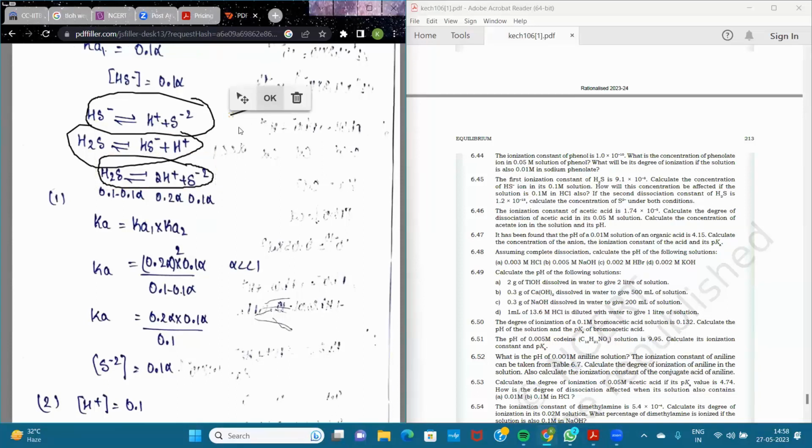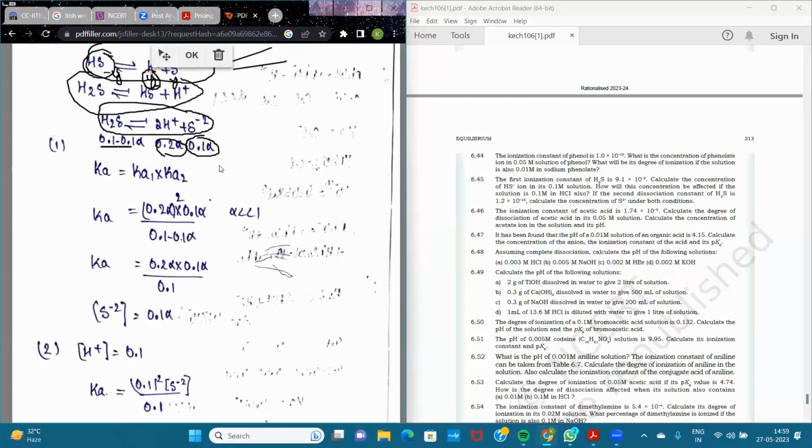As Ka2 is very much less than Ka1, we can directly add these reactions and write 0.1 minus 0.1 alpha, this is 0.2 alpha, and this is 0.1 alpha concentration. From this reaction we'll actually get a decrease in the concentration of HS minus by some small y, and a formation of y H plus and y concentration of S minus 2. But according to the ionization constant, the y value is very small, so we'll neglect that.